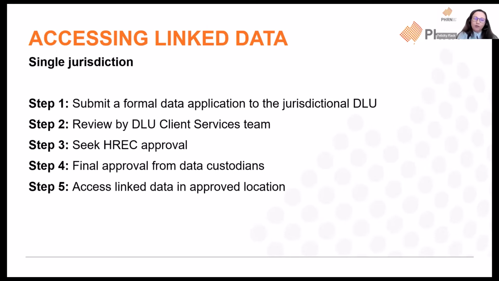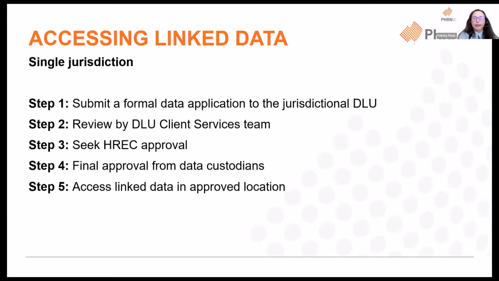It is then reviewed by what we call the client services team. And when they've reviewed it and they see that as feasible, like it's a project that technically we could deliver the linkage for, they then will pass that on to the appropriate data custodians for their approval and tell you that it's ready to go for ethics approval.